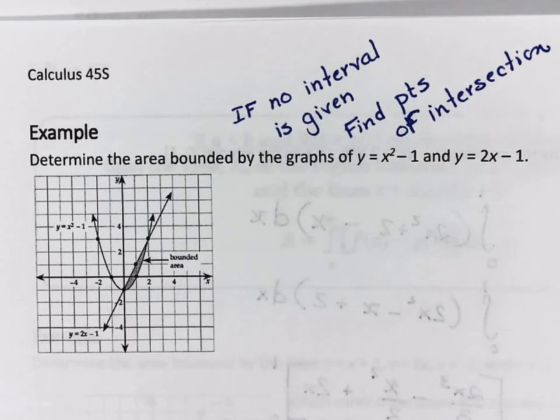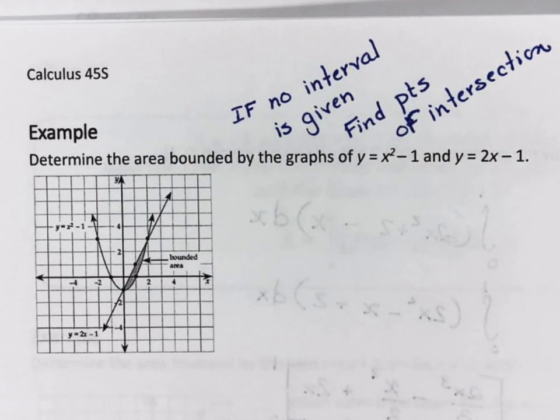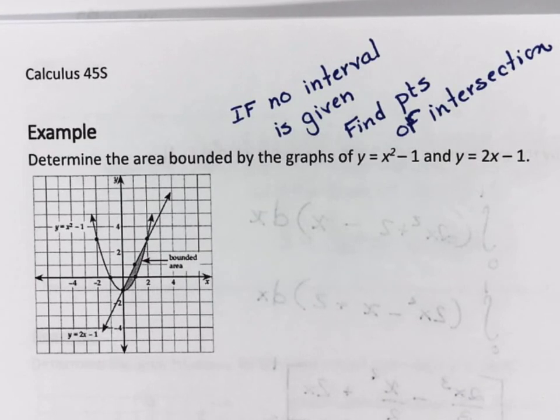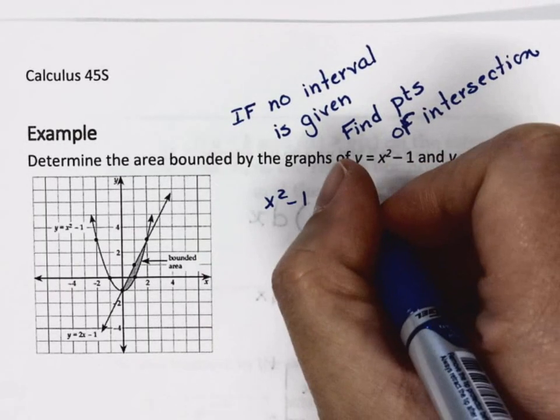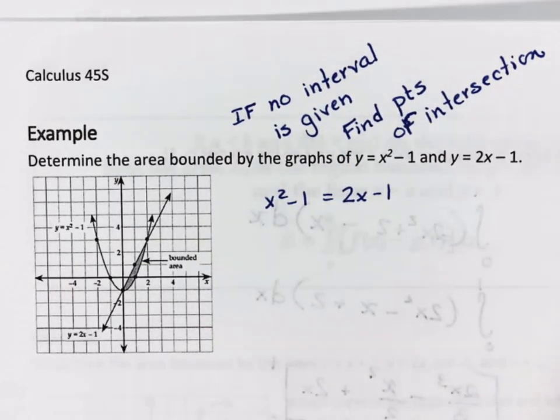Now, over the points of intersection, this one's nice and easy. It's given on the graph. We can still find it. Let's find the points of intersection first. So we've got x squared minus 1 equals 2x minus 1.